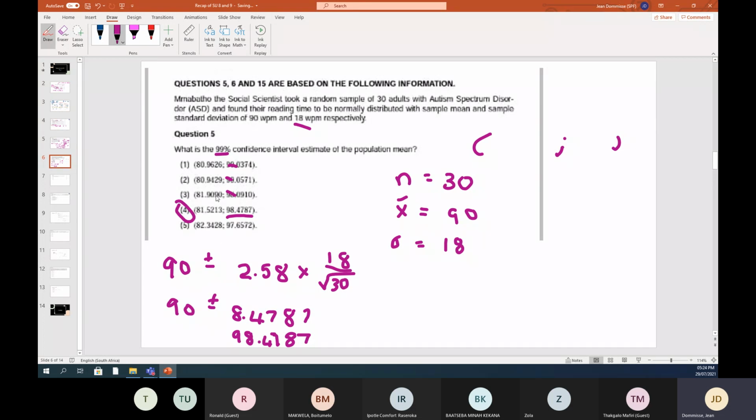Okay, so this one, did I work this out correctly?